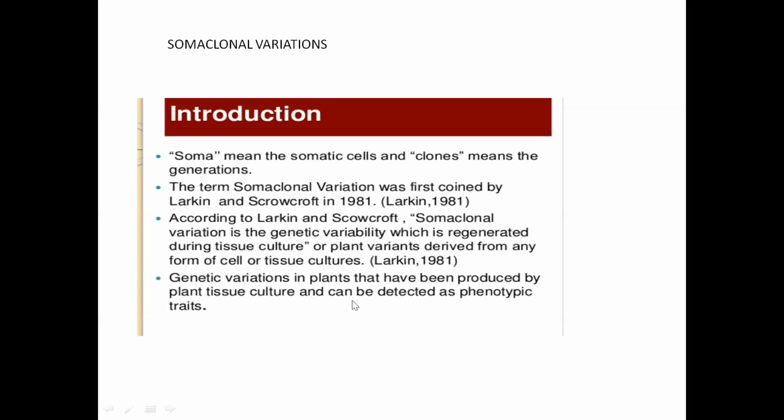So genetic variations have been produced and it can be detected as phenotypic traits. Only then we'll be able to know that a variation occurred, because all kinds of variations are phenotypically expressed. So that is more desirable.